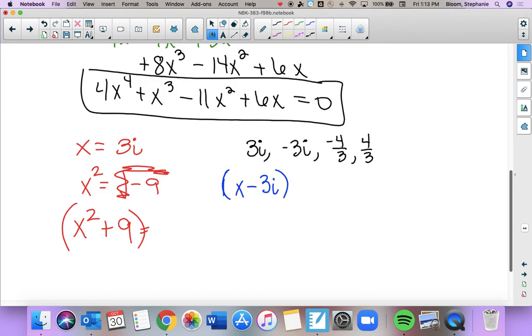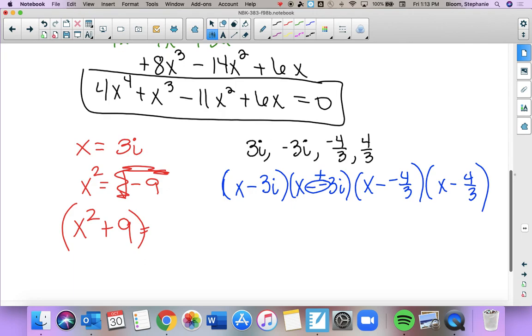So I can do x minus 3i, x minus negative 3i, x minus negative 4/3, x minus 4/3. You're just going to have to do more work with fractions if you do that. And so here's what could happen. For this part, for those of you that struggle to think through that, then just FOIL this and you're going to see how it'll work.